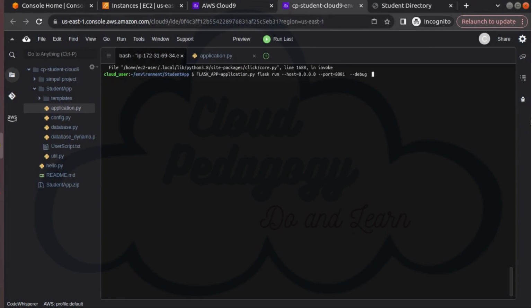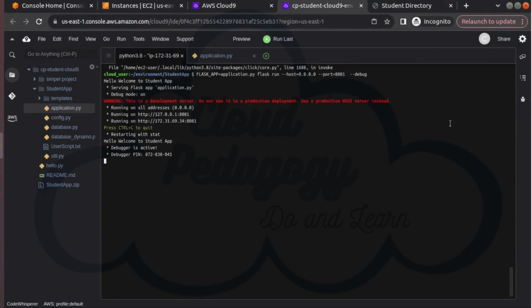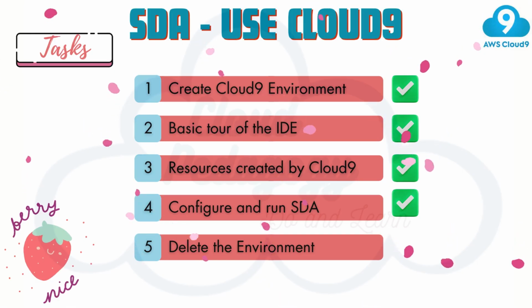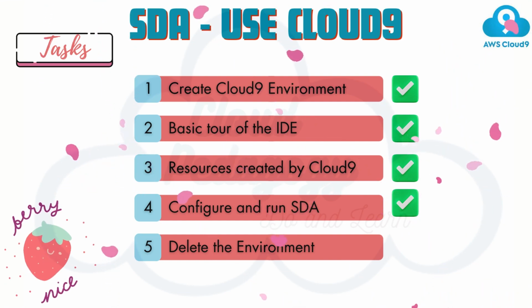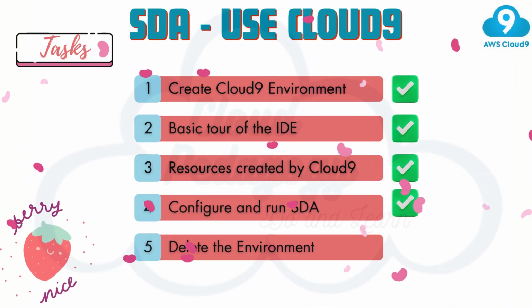When I run the Flask application, I can see the print text in the terminal. That's easy, right, to change code and run the application? Good job, you have finished task 4 by configuring and running our student directory application.